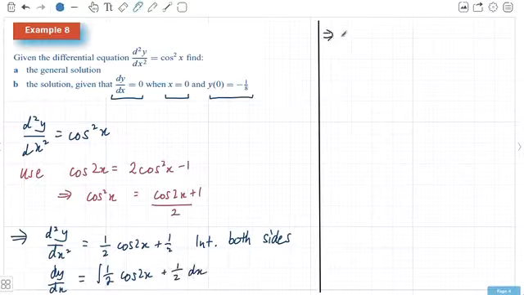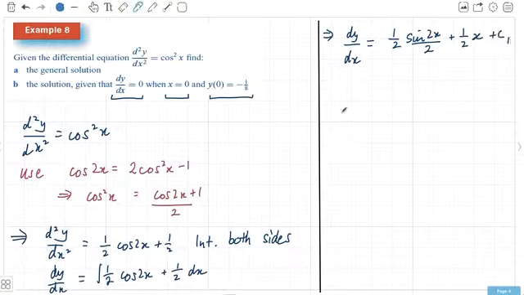So we're going to have dy dx equals a half. The integral of cos is sine 2x, and we then have to divide by 2. A half becomes the coefficient of x, plus we introduce a constant c1. So we have dy dx, just simplifying, is sine of 2x on 4 plus x on 2 plus c1.